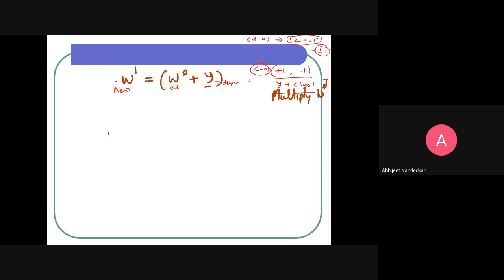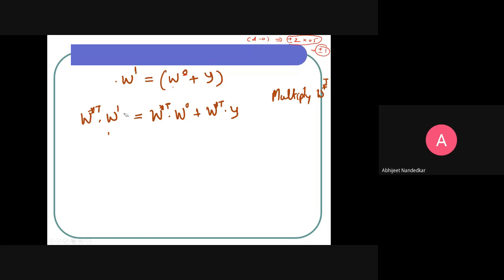Now we will multiply this by W star transpose. So multiply this equation by W star transpose. I can multiply this by W star transpose here, then this will be W star transpose here, and then take this inside.